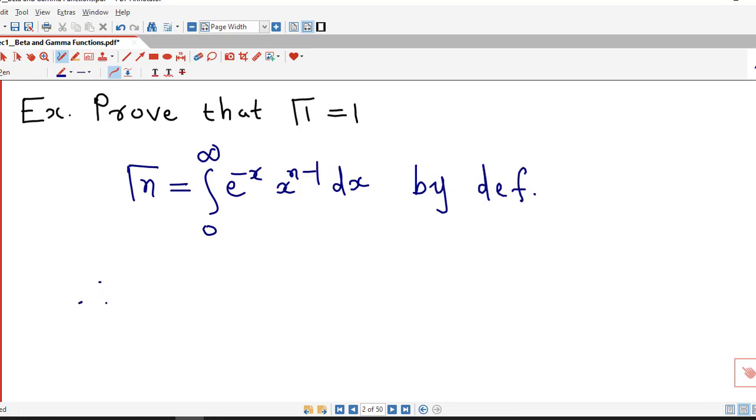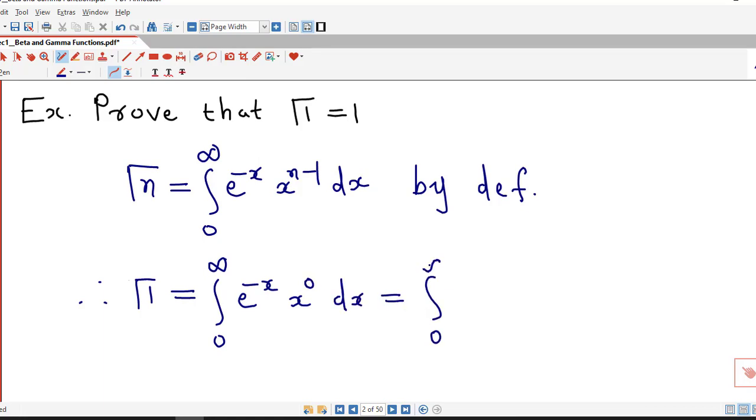We are interested in the value at n equal to 1, so we put n equal to 1. Therefore gamma 1 is nothing but the integral from 0 to infinity of e raised to minus x times x raised to 1 minus 1, that is x raised to 0. So this is nothing but the improper integral of e raised to minus x from 0 to infinity.